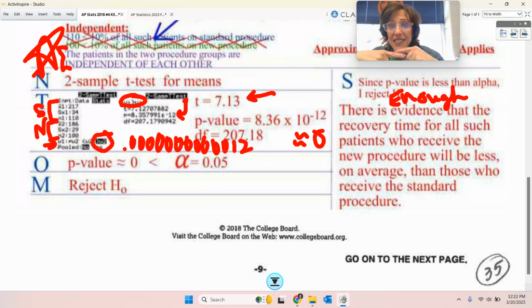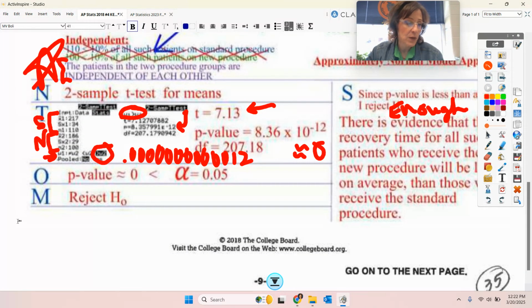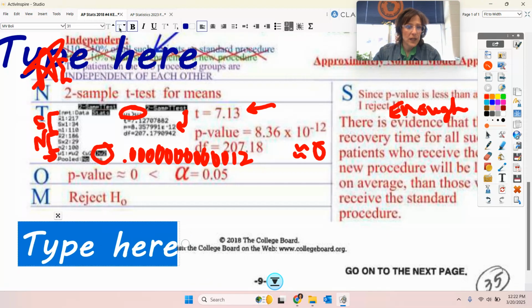So I can even say the word average twice. So I am not loving the way I wrote this summary here. So let's talk about maybe a better way to put that.